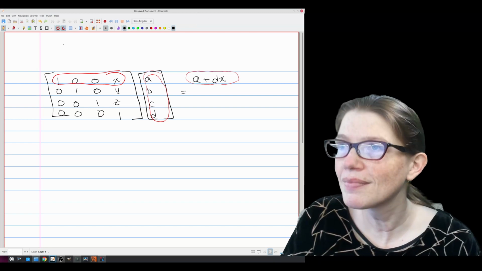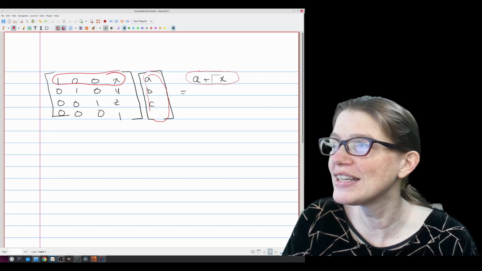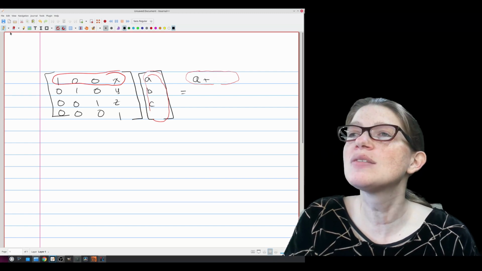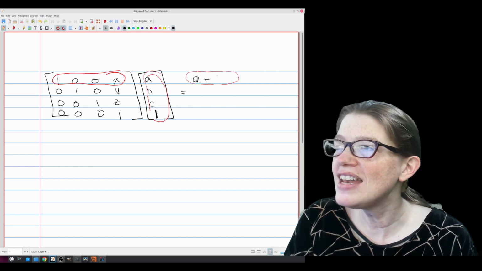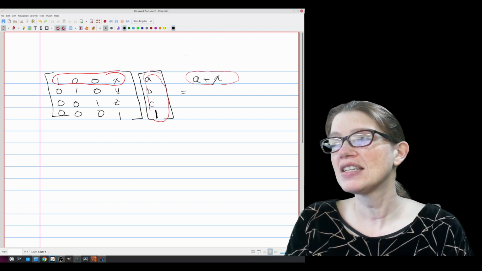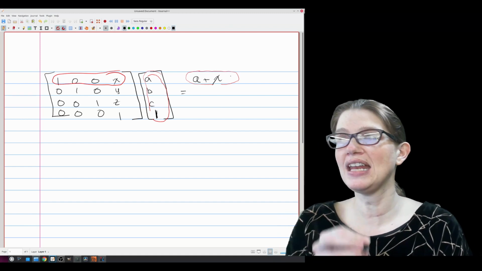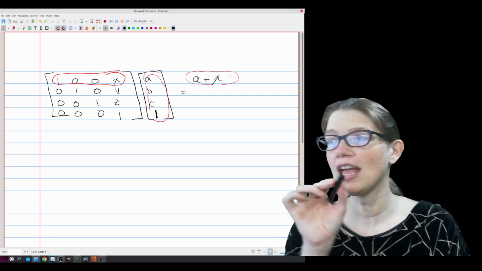Oh, my apologies, d. This is why we have the homogeneous coordinate system, is because when we have a point, the d component is equal to 1, so that dx there is actually just x. So a plus x. I have translated point A, or the x coordinate a, is now a plus x.